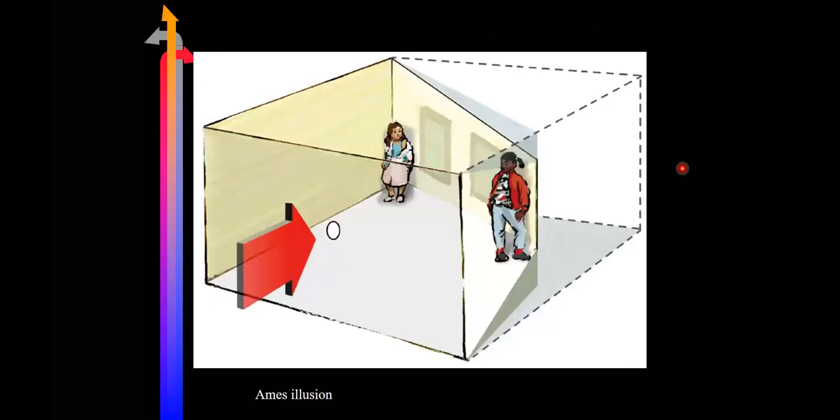If you ever get a chance to see this one, this is the Ames illusion. You look through this little peephole here, and people in this room look very weird because when they're on the left side of the room, they appear to be very tiny. When they walk to the right side of the room, they appear to grow to gigantic proportions. And you think, how can this be?